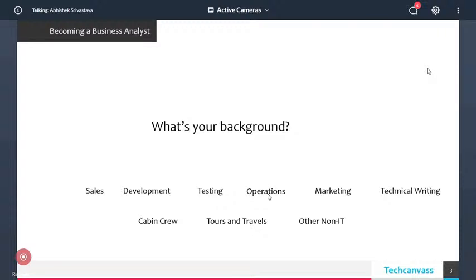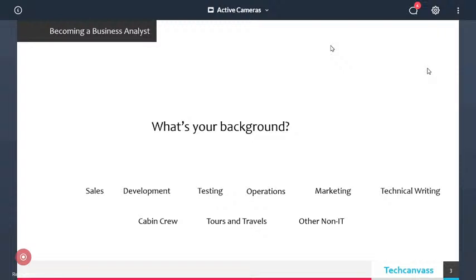What I'm seeing right now is the same kind of configuration I see in my batches. Almost 50% come from a non-IT background, and the remaining 50% come from testing, development, and support backgrounds. Very few people come from a development background.